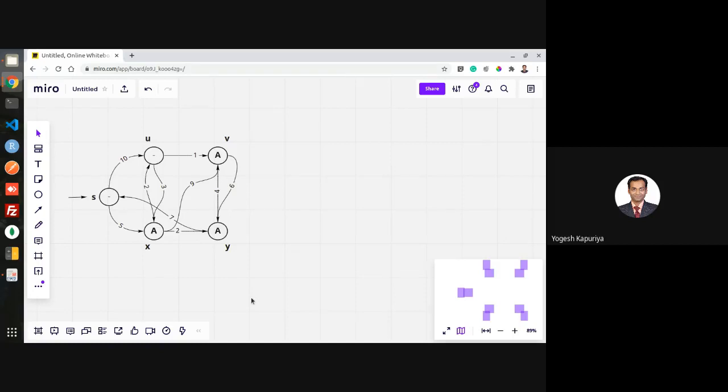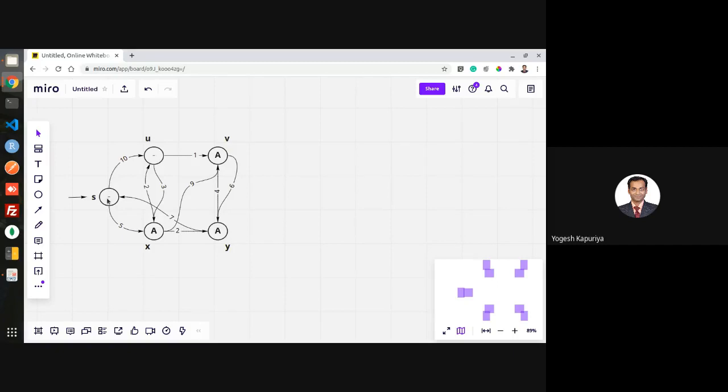Now, as we have done in Prim's approach, we are maintaining the priority queue. So what will be the first step? The algorithm is a shortest path algorithm, and it is a single source shortest path algorithm. So S is my source vertex, and U, V, X, and Y are my destination vertices.